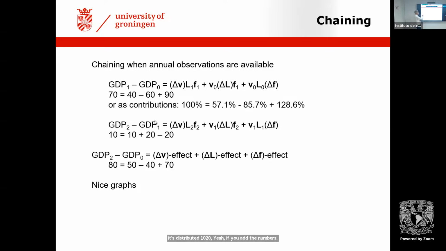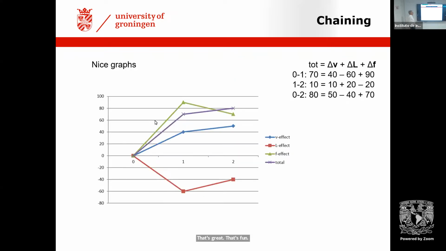Then you get that the difference between GDP in period 1 and in period 2 is 80, and the contributions of delta V are 50, minus 40, and 70 for delta N. That's great, that leads to very nice graphs.